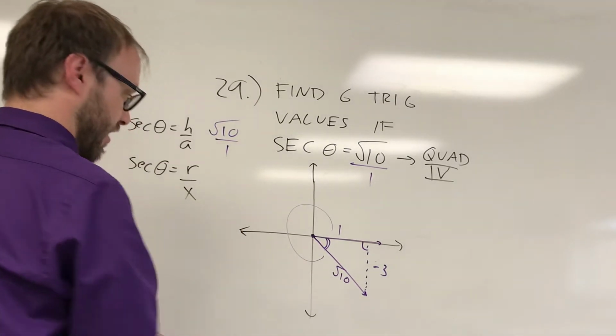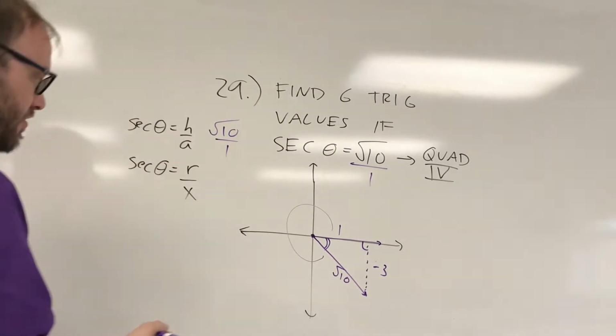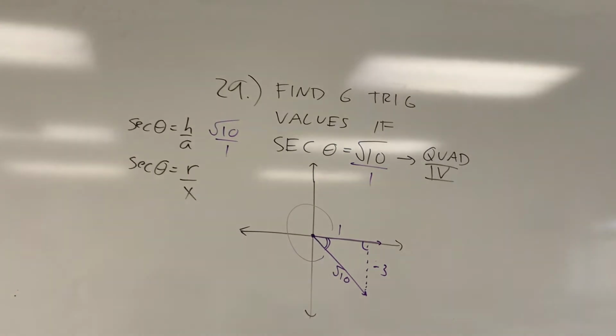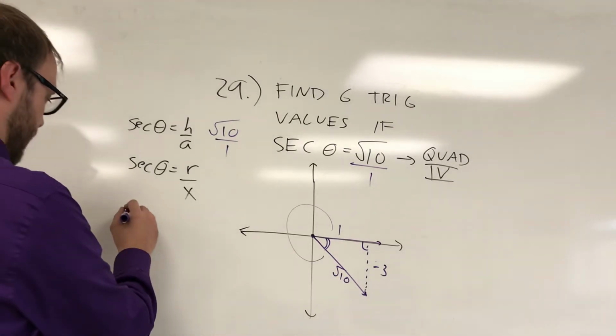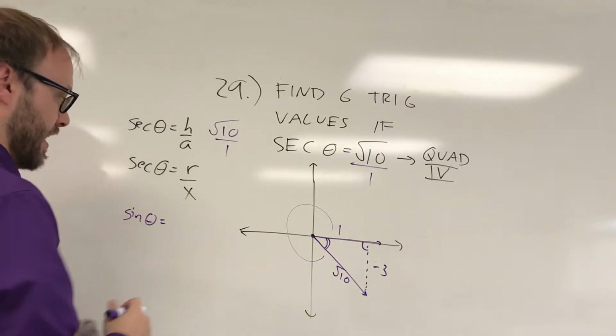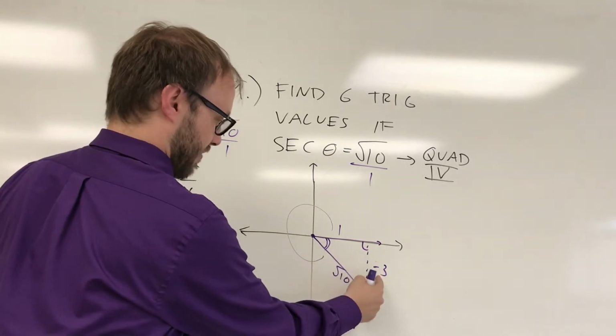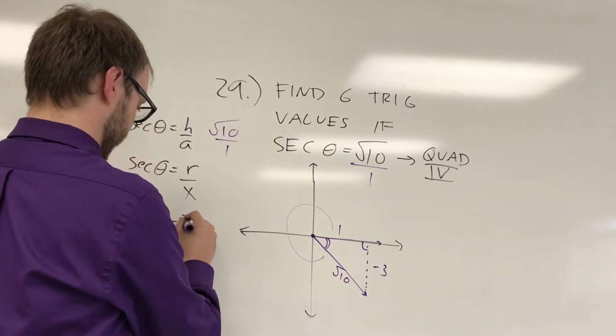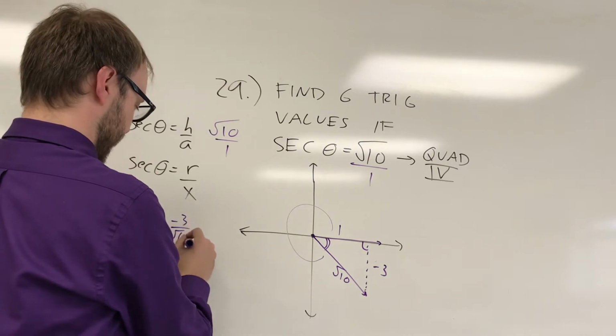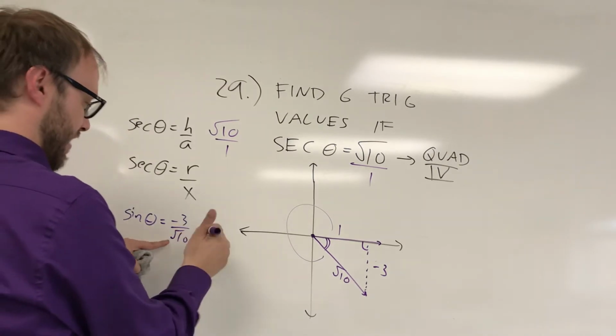So again, you can use your traditional definitions, or you can use the new definitions here. Doesn't matter which ones you want to use. So sine of our angle would be the opposite side over the hypotenuse. That's negative 3 over radical 10. Okay, now you should rationalize the denominator.